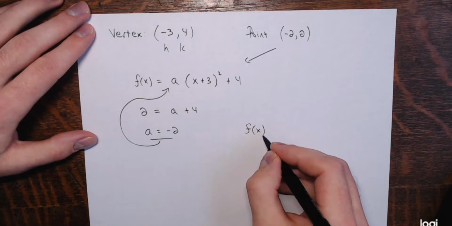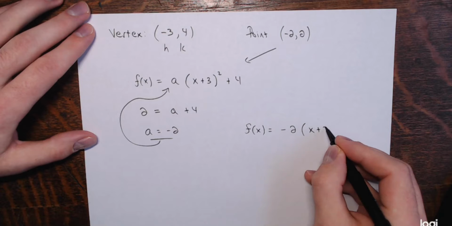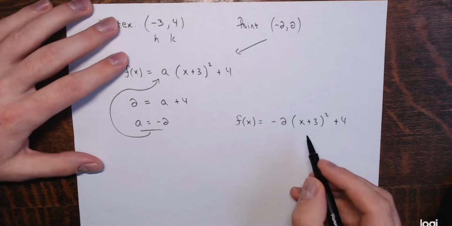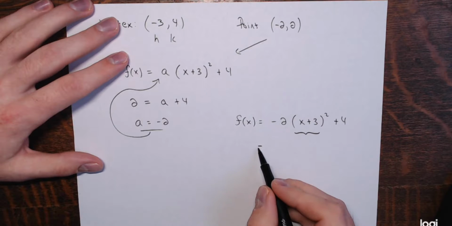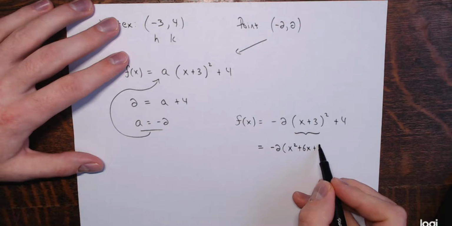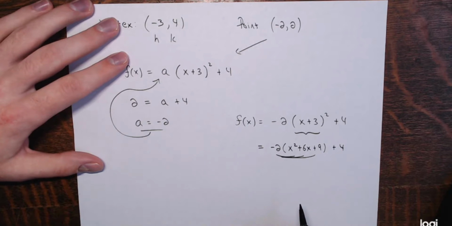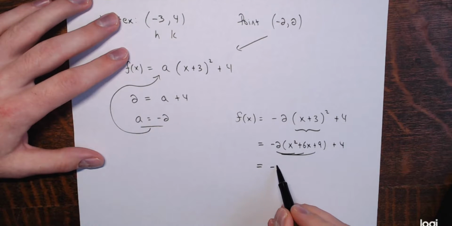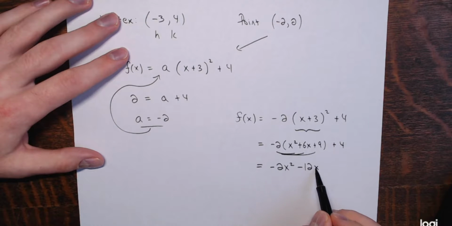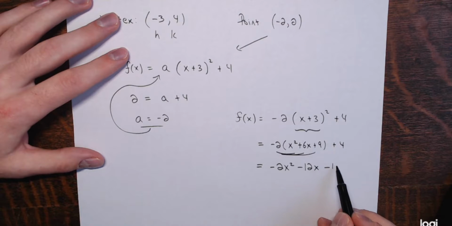Then pop that back in. f of x equals negative 2 times the quantity x plus 3 squared, and then plus 4, but we want this in general form. So I square x plus 3, which gives x squared plus 6x plus 9, and then we distribute the negative 2 and add 4 afterwards. That'll be negative 2x squared minus 12x, and then negative 2 times 9 is negative 18, but then plus 4 would be negative 14.